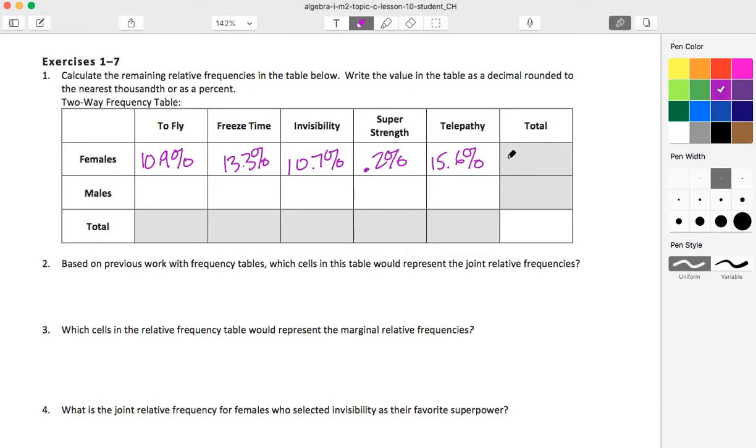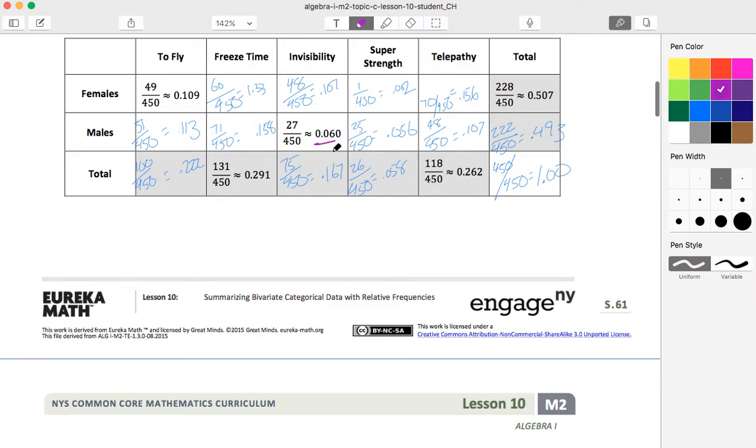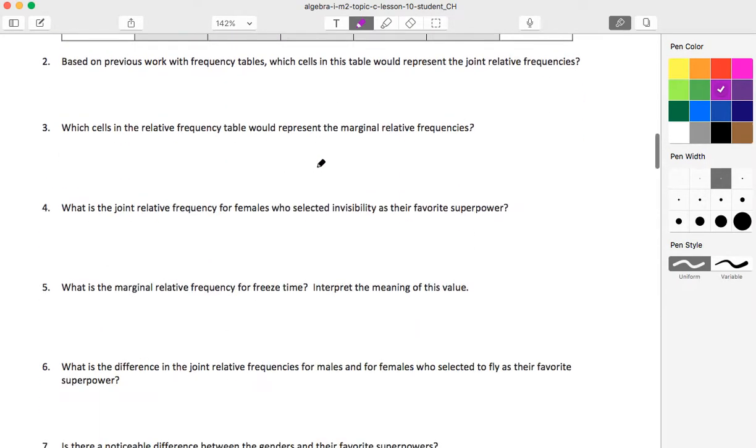Total number of females surveyed, 50.7%. Males that want to fly, 11.3%. Males that wanted to freeze time, 15.8%. Males that want to be invisible, 6%. I'm just getting this, if you're wondering where I'm getting these, I'm just changing the decimal into percentages.